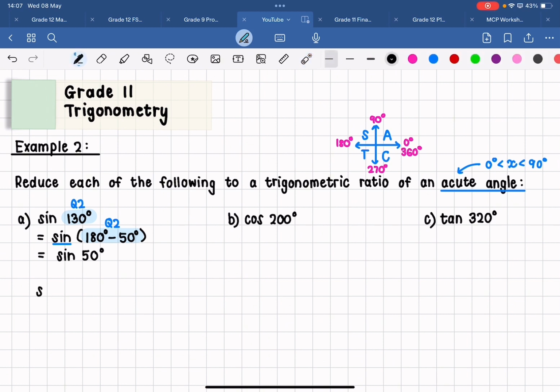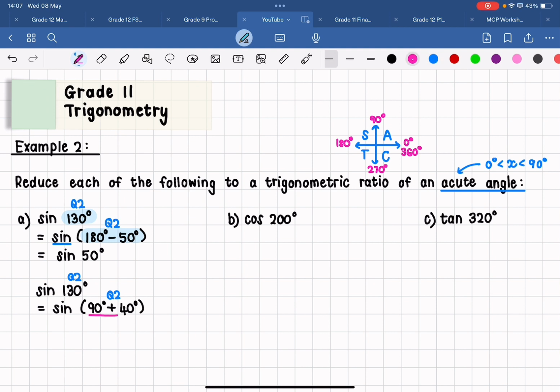Like I said, we had another option. We could also rewrite 130 in a different way. We could say that it is the same as 90 degrees plus 40 degrees. This angle is still in the second quadrant. It is still the quadrant where sine is positive, but now you just need to be careful.